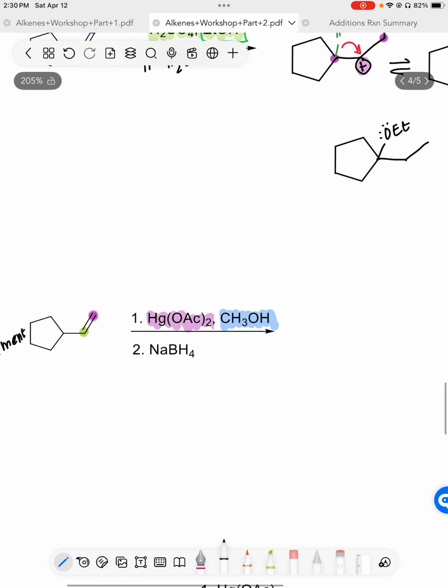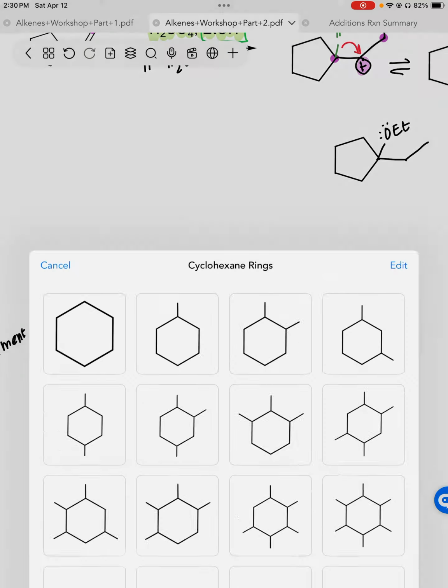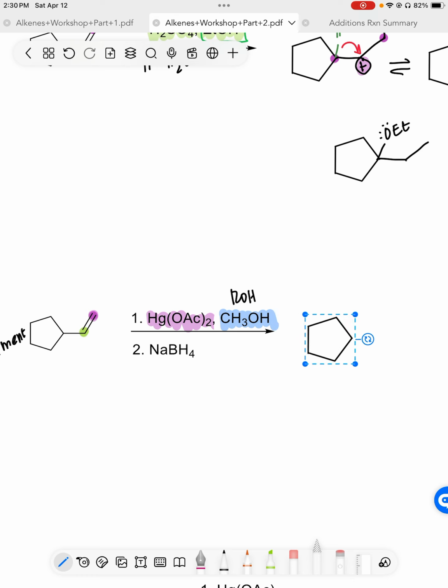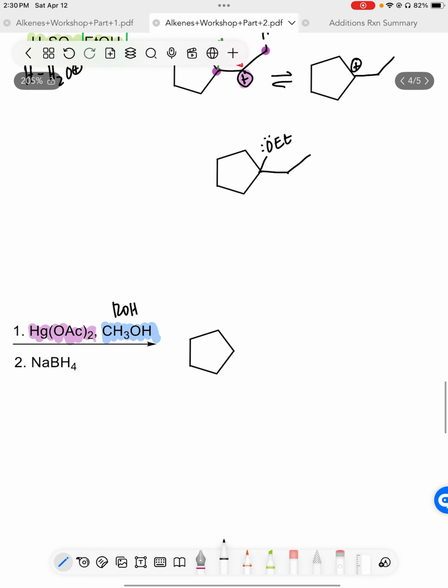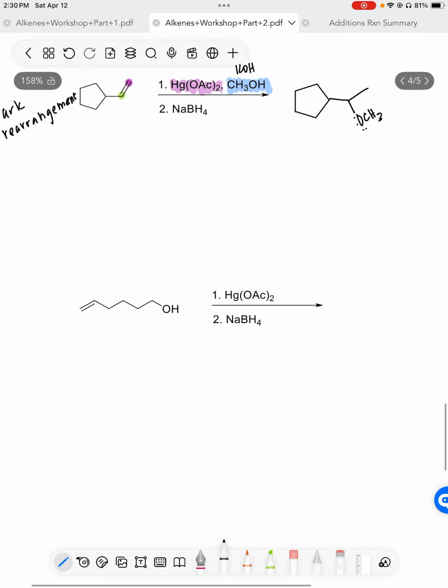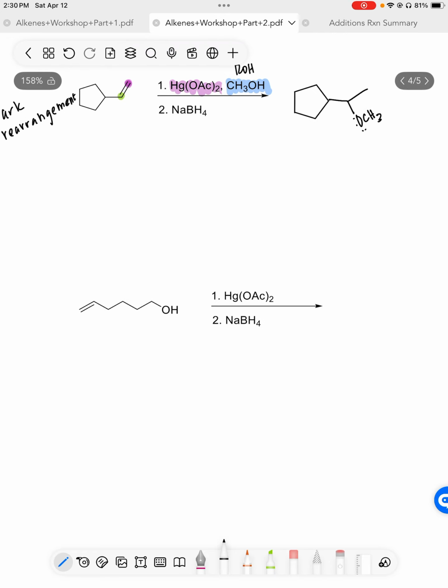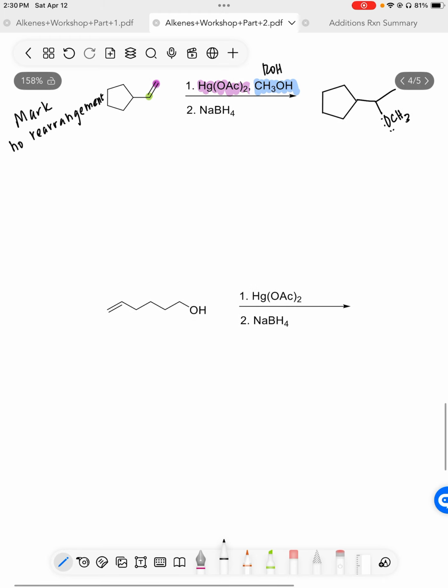Okay, and then we want to make sure that we know that this is alcohol, so we're going to be making an ether. We're adding an ether instead of an alcohol. So we're just going to add that on to our more substituted alkene carbon, which is this guy right here. And then there is our ether.